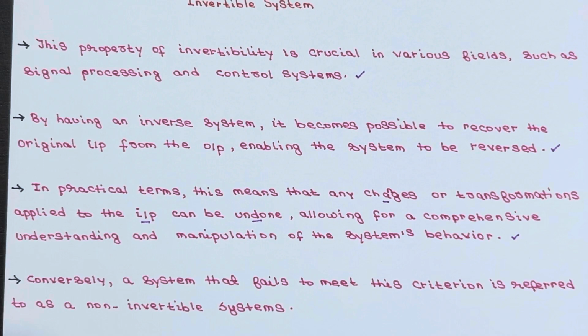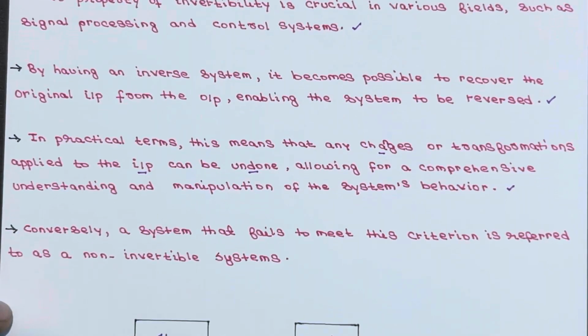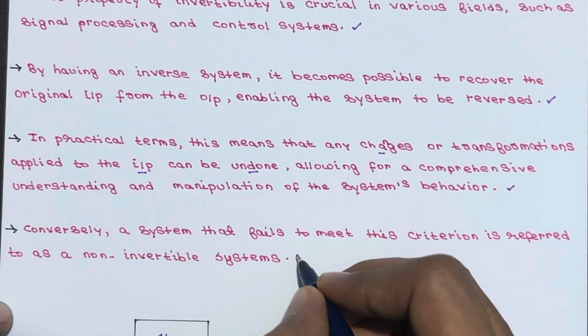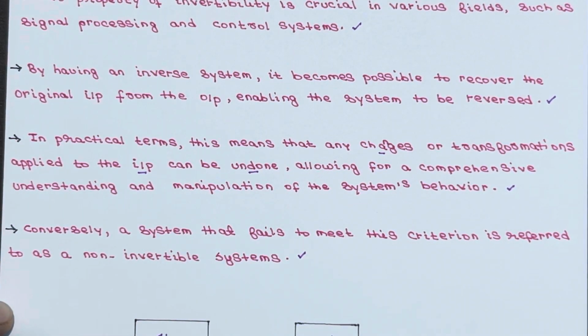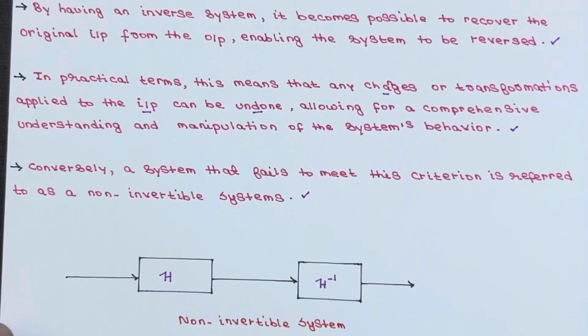Okay? Fine. Now, if any system fails to meet this criterion, then that system is called a non-invertible system.